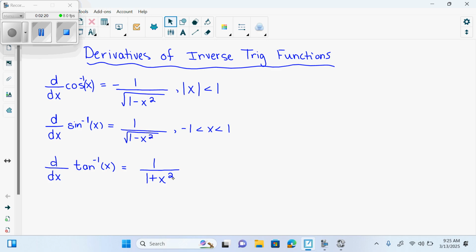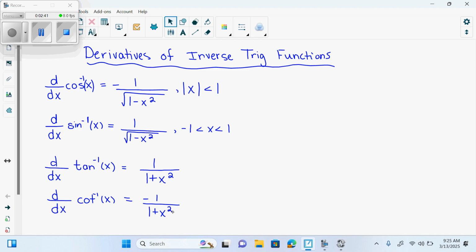Cotan, what do you think it's going to be? Exact same, but negative. The good thing about this is the C's are still negative, and the ones that aren't C's are still positive.